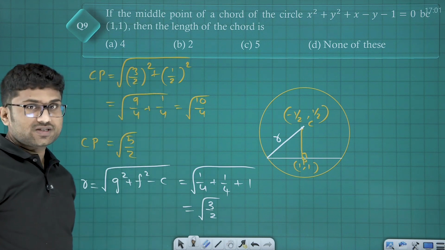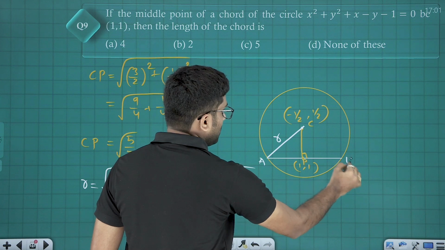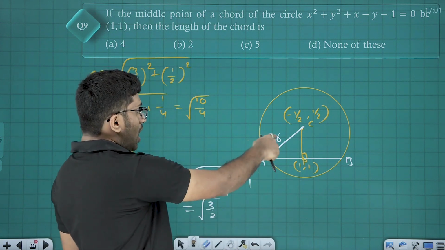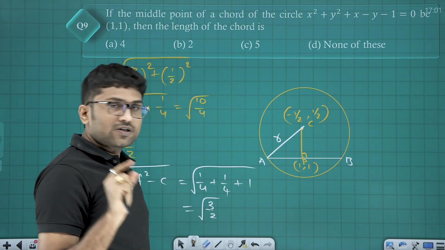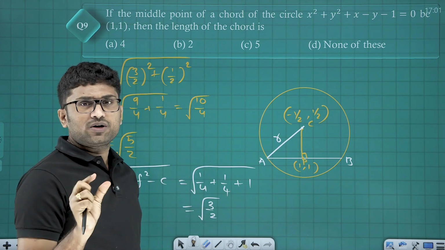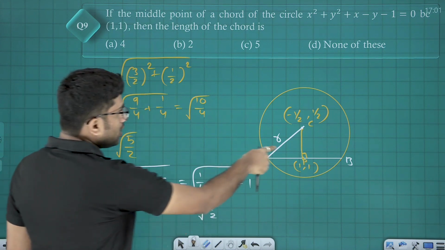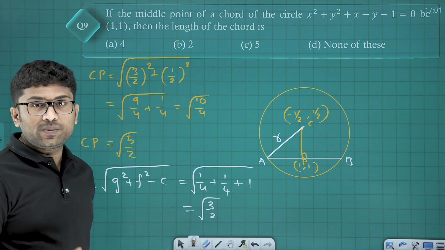Clearly, if you see this, friends, in this triangle CPA, which is a right angle triangle, CA, that is R, the radius, is the hypotenuse. For sure in any right angle triangle, the hypotenuse should be the largest. But if you observe one thing, here CP is found to be greater than R.